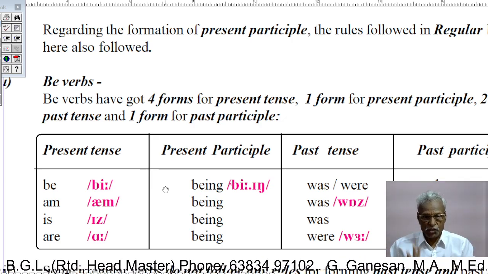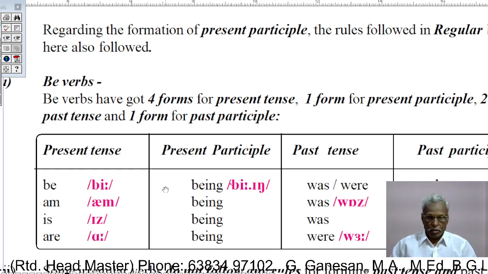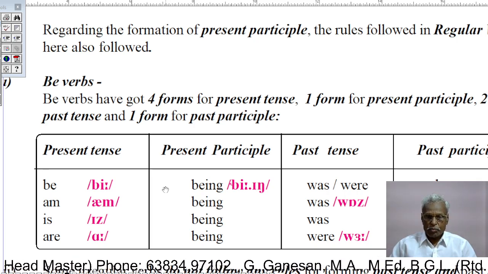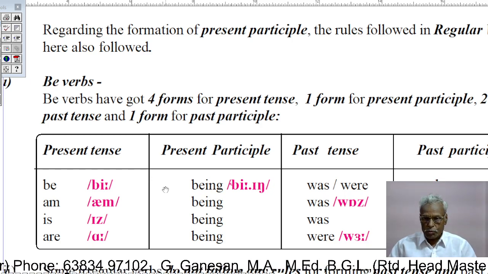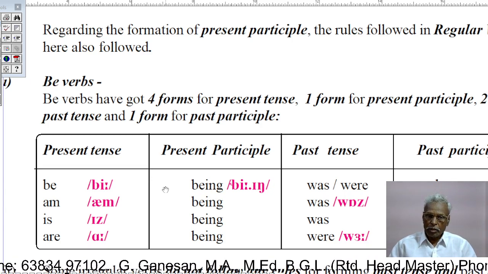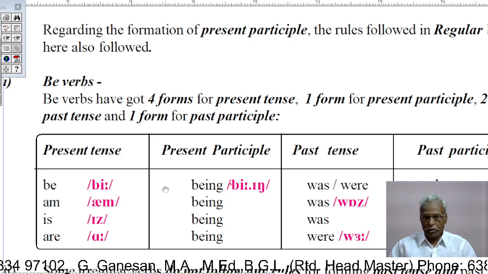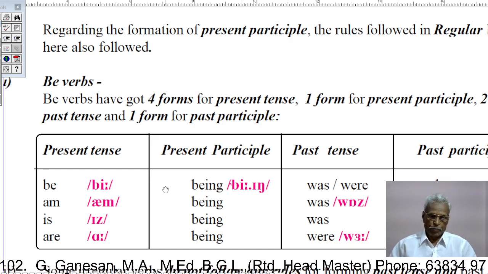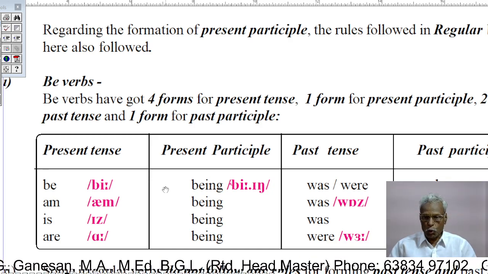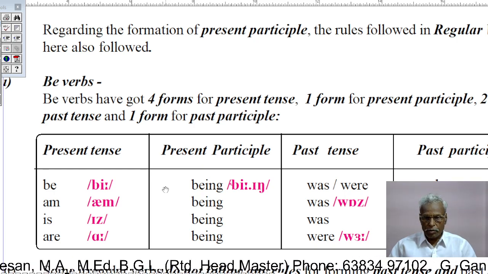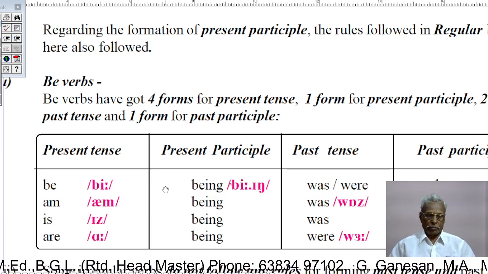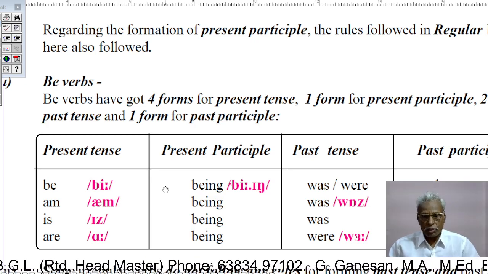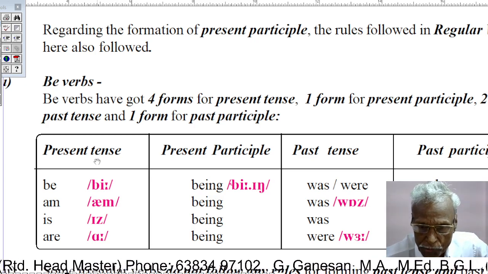So let us see it first. Present tense, present participle, past tense and past participle. Be, being, was, been. The past tense of be may be either was or were. Am, being, was, been. Is, being, was, been. Are, being, were, been. These are the forms of be verbs.